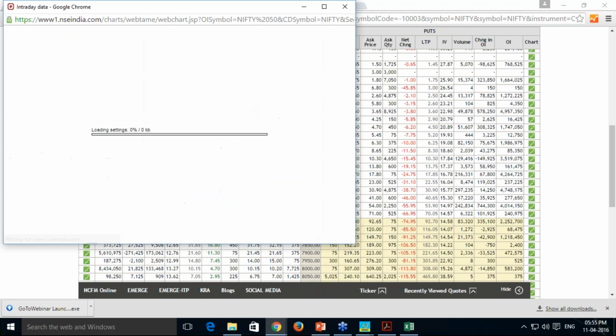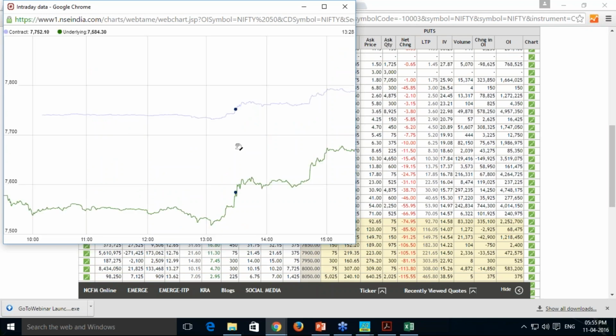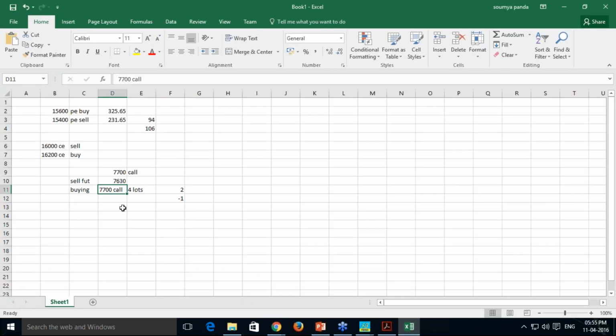If I take that picture into account, around 1:30 it is quoting at 58.20. So it was quoting at 58 rupees and 20 paise, and you have sold at 7630.